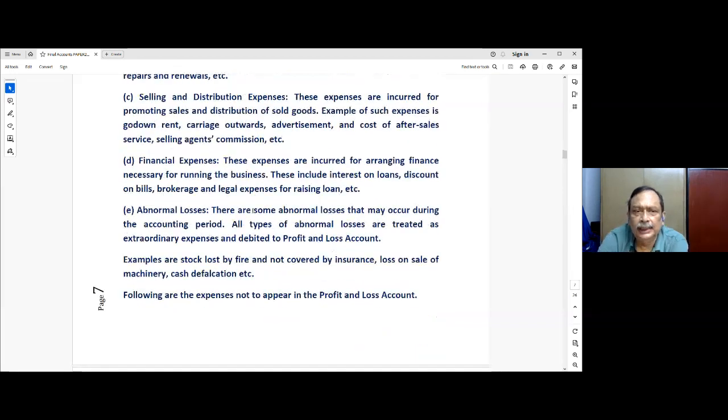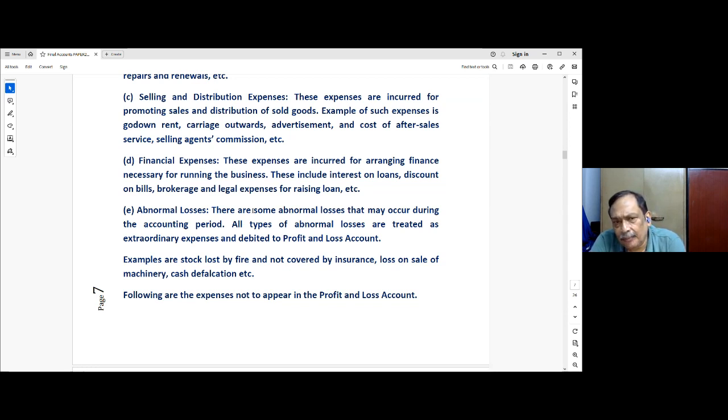Now the fourth one is financial expenses. These expenses are incurred for arranging finance necessary for running the business. These include interest on loans, discount on bills, brokerage, and legal expenses for raising loans, etc. The last item is abnormal losses.